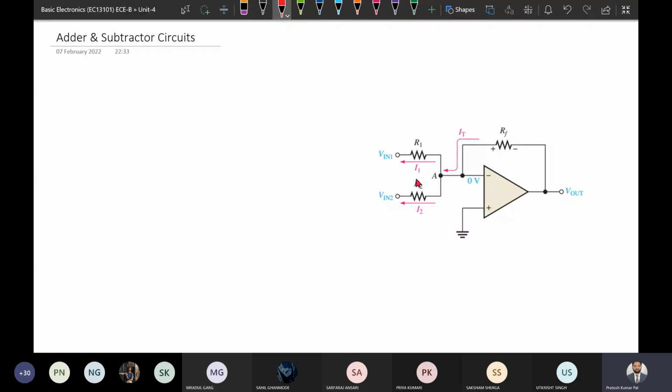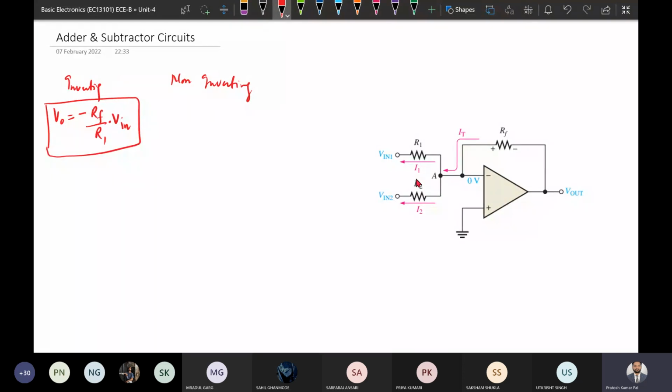In case of inverting, the output was minus RF by R1 multiplied by the input voltage, V in, or we can call it VI.